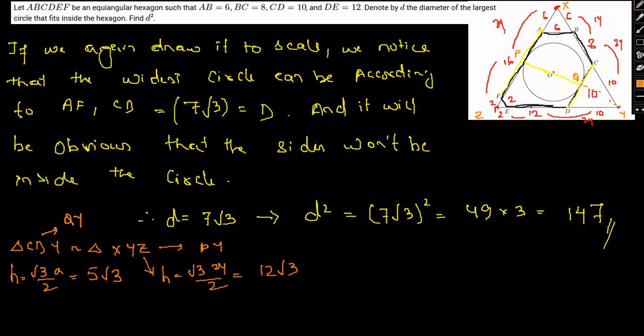Therefore PQ will be given by PY minus QY, which is 7 root 3. So this is where we arrived at this particular figure, which is the diameter of the circle. So hopefully everything is clear. We have given you an explanation by considering the equilateral triangle property.